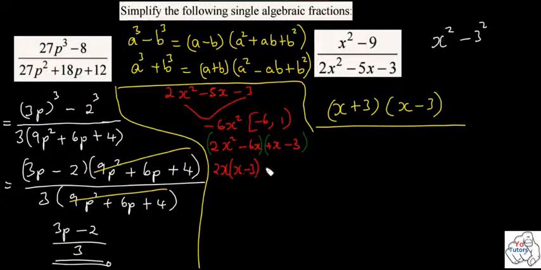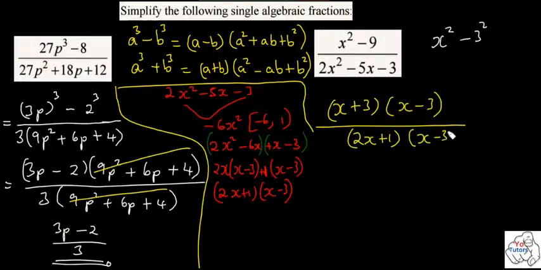Then here you factor out plus 1 and you're left with x minus 3. So the factors are 2x plus 1, x minus 3. Now we can come back and put our solution here: 2x plus 1, x minus 3.